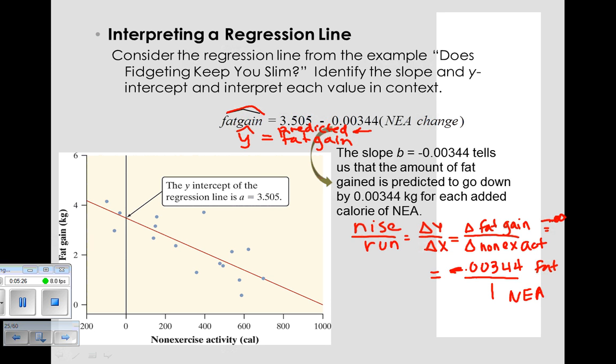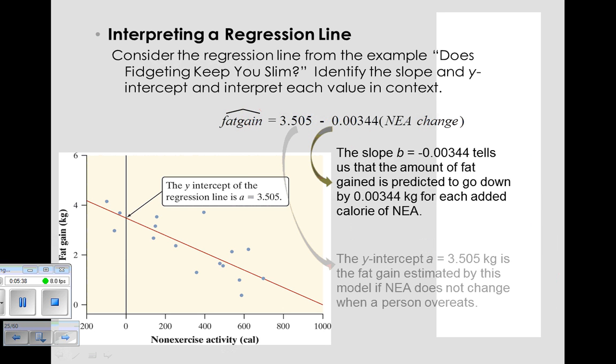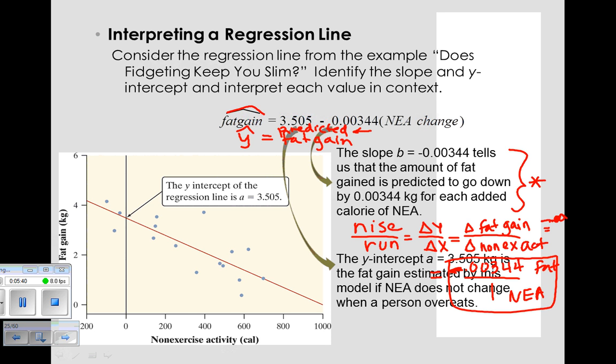So I always think it's easy if you kind of write at least this part when you go to identify the slope. It's a lot easier to write this in context. Okay? So the y-intercept here of 3.505, it's the estimated fat gain if you have 0 NEA. Okay, so it's how much fat gain you would have if you have 0 NEA.